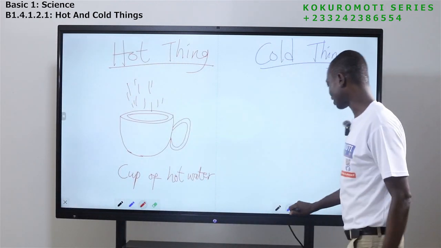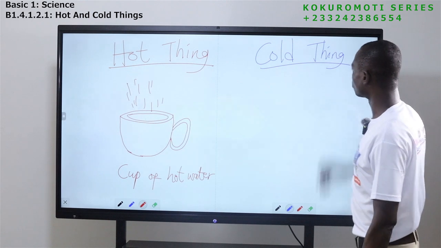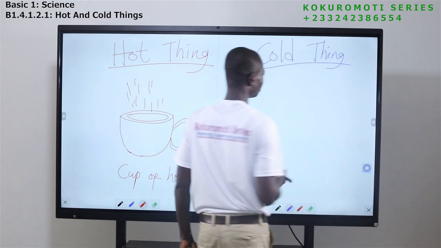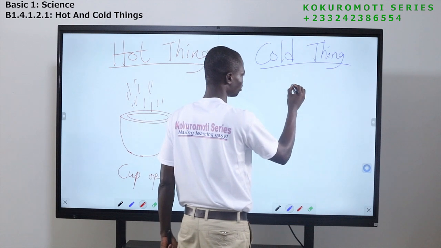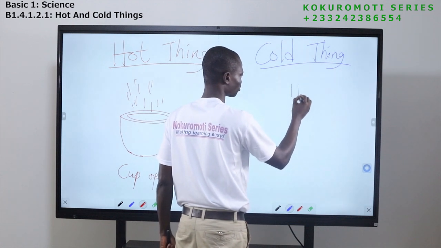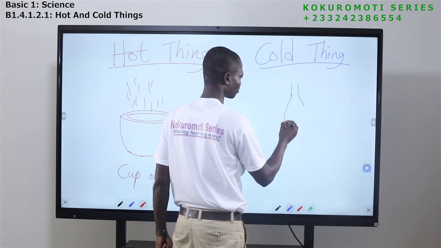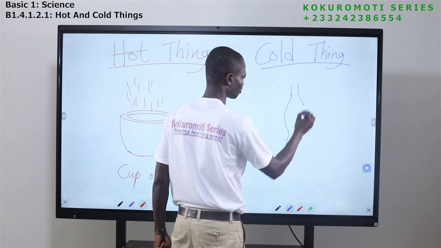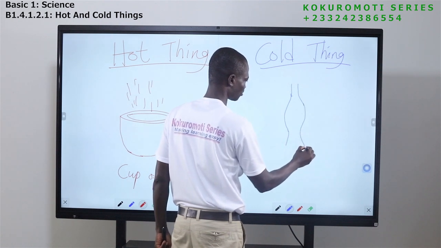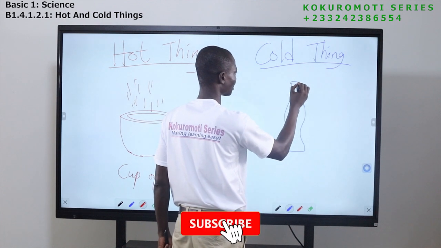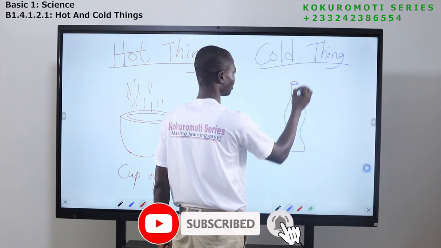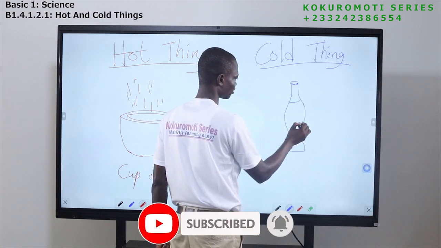Now let's come to this side. We are going to draw a cold thing. Now for cold, I know you like chilled Fanta. So let me draw Fanta for you. Don't laugh at me. So this is our Fanta.